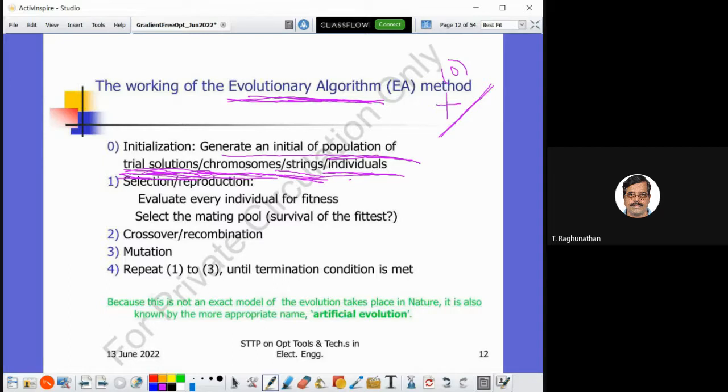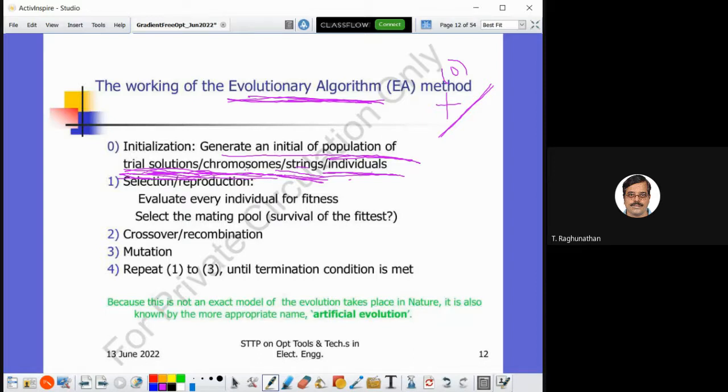So long a string. But all these strings are wound together in the form of a double helix, so we don't realize it. And also they are very small. The magnification that you need to look into these chromosomes or strings is something like 10 raised to 8 or 10 raised to 10. You need an electron microscope, I think. So that is string, chromosome, trial solution or individual.